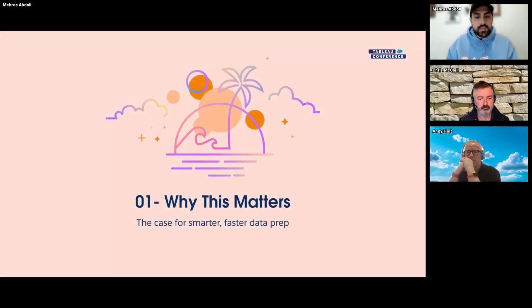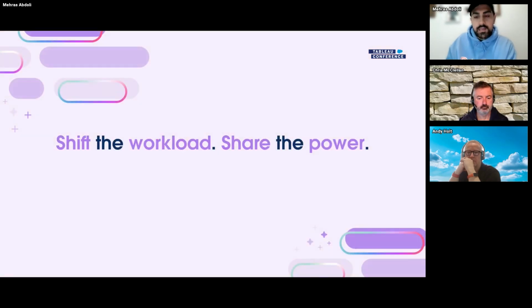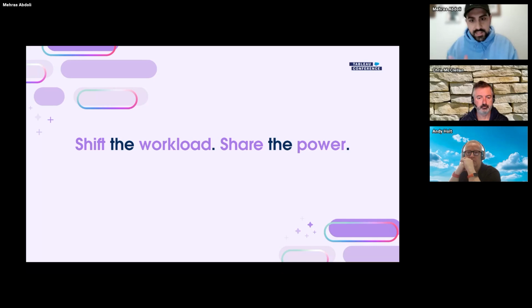So going over the first section, let's talk a little bit more about what the case is for smarter data prepping. The sentence that I really want you to think about and walk away with is shifting the workload and sharing the power, right?